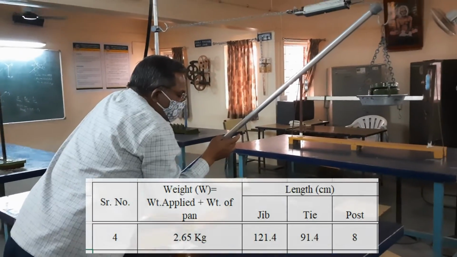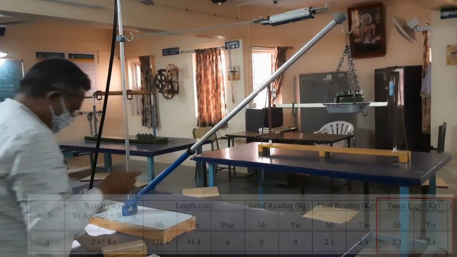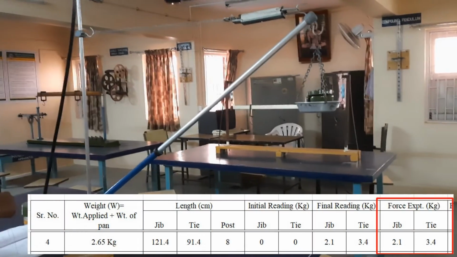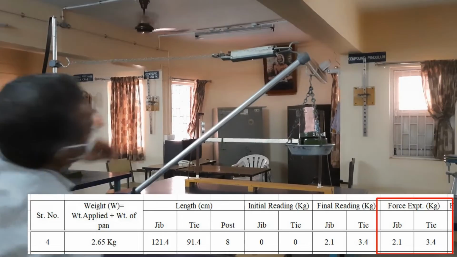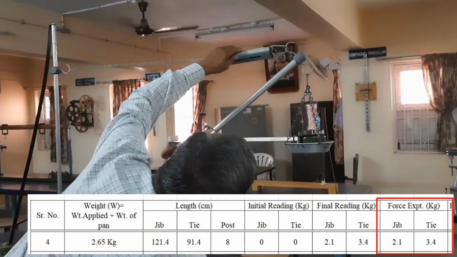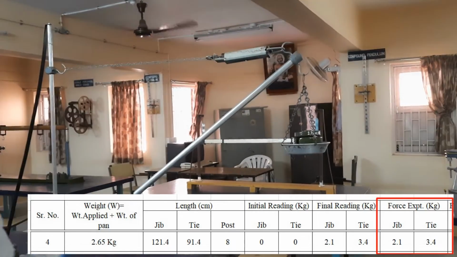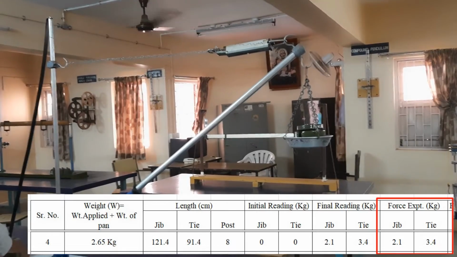The force acting on the jib is 2.1 kg and the load acting on the tie is 3.4 kg.